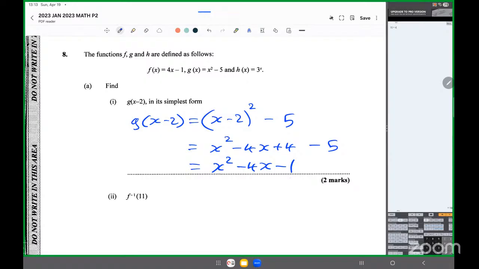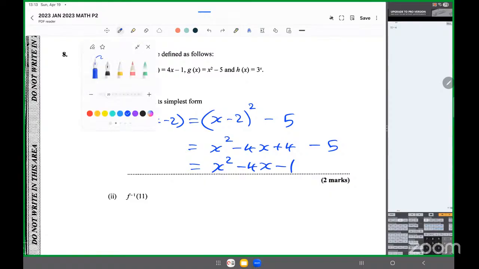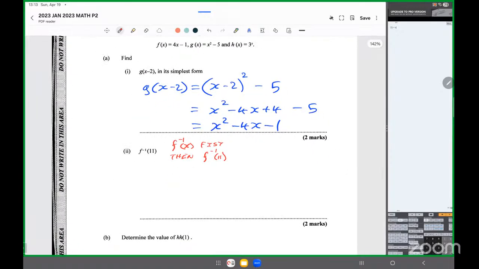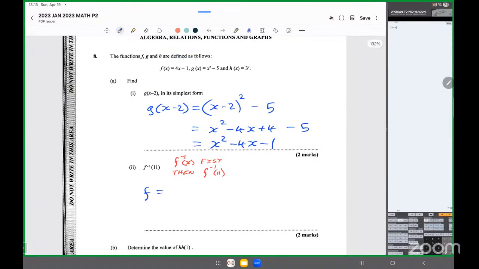That is the answer. Then I want f to the minus 1 of 11. You can do this multiple ways. I'm going to use a process of finding f to the minus 1 of x first, and then we're going to do f to the minus 1 of 11. Let's do it that way. So to find f to the minus 1 of x first, we're going to say f equals this thing, 4x minus 1.